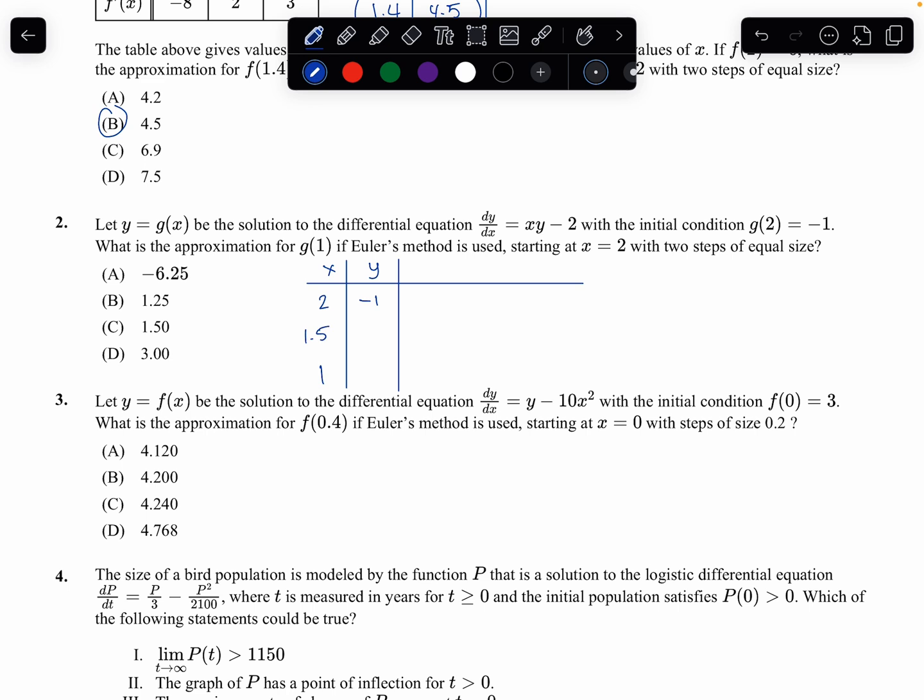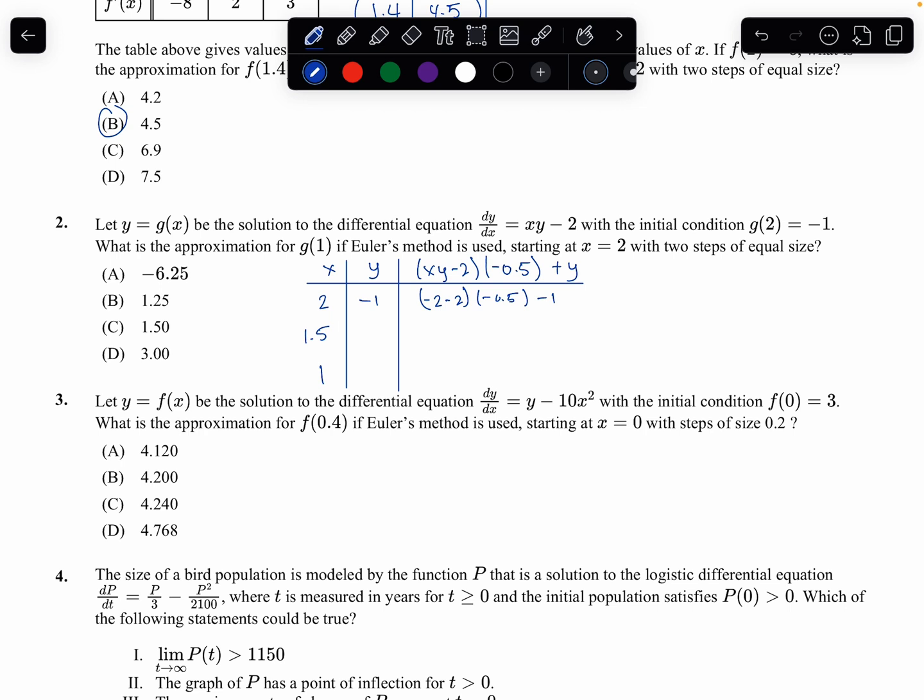And so we have xy minus 2 for the derivative. Delta x is negative 0.5 plus y. So plugging in our numbers, we plug in 2 and negative 1 here. So it's going to become negative 2 minus 2 times negative 0.5, and then minus 1.